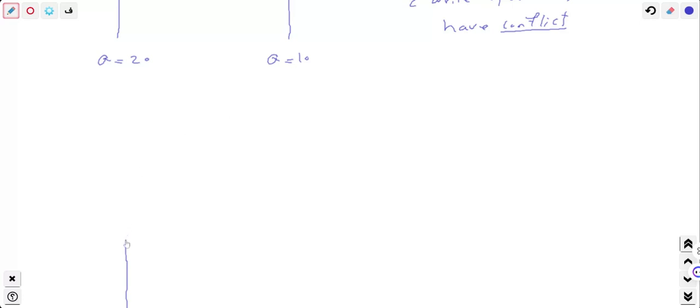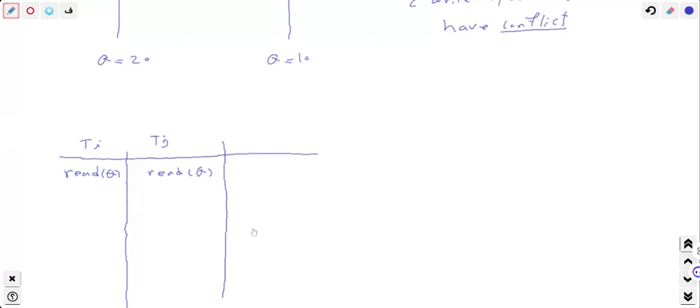Okay, suppose we have TI and TJ. If TI wants to read Q and TJ wants to read Q, we do not have conflict, no conflict.